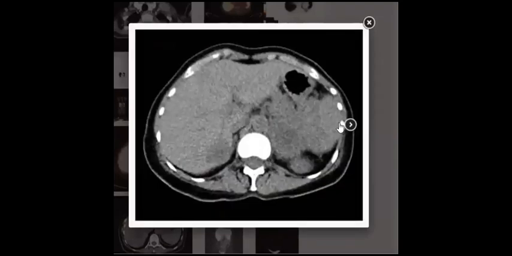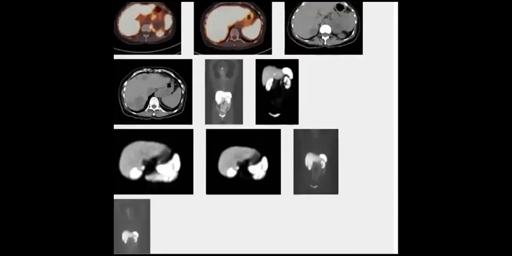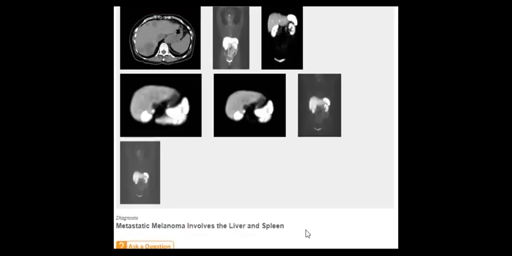And I want to show you this also. Metastasis can be from lung cancer, then you have to search the lung, especially when you find suprarenal lesions. Maybe this lesion here is not right suprarenal, maybe it is in the liver as well. So this case was a bit interesting, it was one of the cases of metastatic melanoma to the liver and spleen.